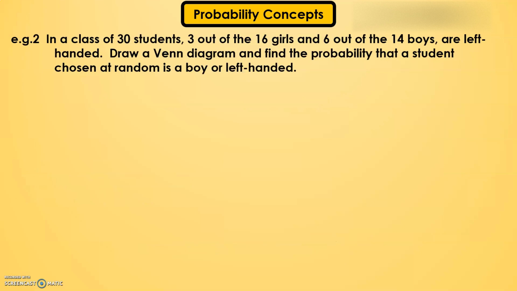Here's another example. You can give it a go yourself. Just pause the video, draw the Venn diagram, and see if you can get the answer. We want to know, find the probability that the student chosen at random is a boy and is left-handed. Okay, hopefully you've given that a go.